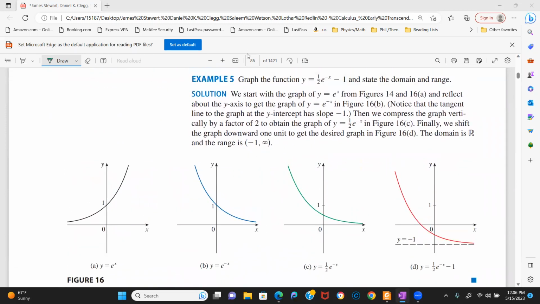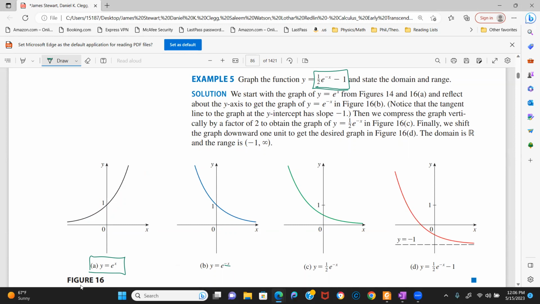So we have this function here. We want to graph it. So we graph e to the x, and it just basically looks like any other exponential function. You can't really tell the difference between the exponential functions. Now in the function here, we have e to the negative x, so we have to negate the x, like we do here, and that has the effect of reflecting over the y-axis.